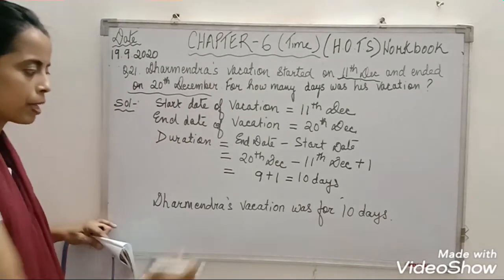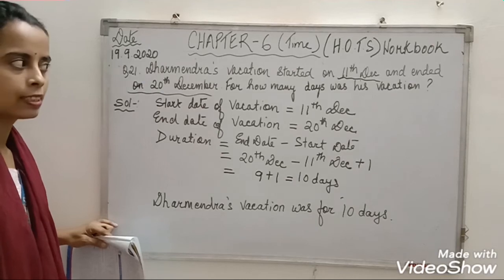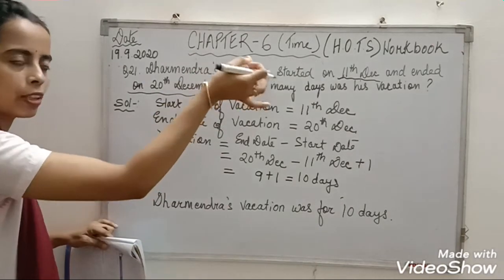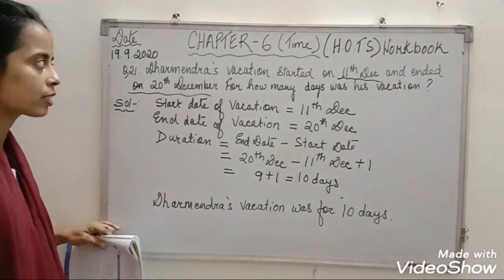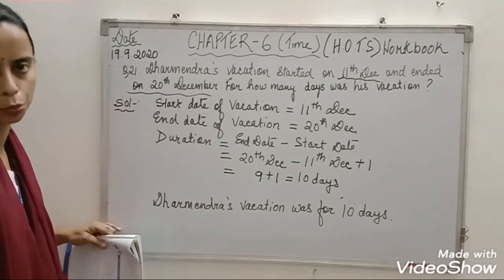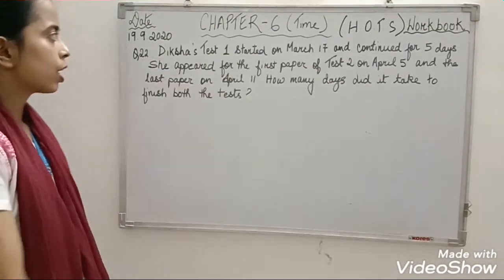Got it, children? Dharmendra's vacation was for how many days? 10 days. Okay, so this is how you have to calculate the start date, end date and the duration. Now next, move forward to question number 22. What is given in 22?